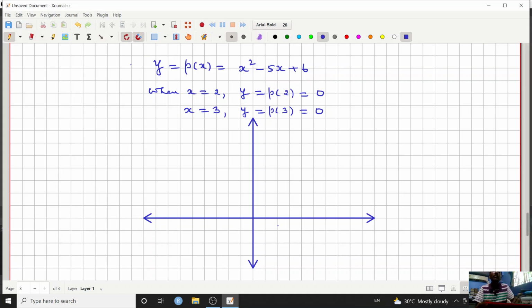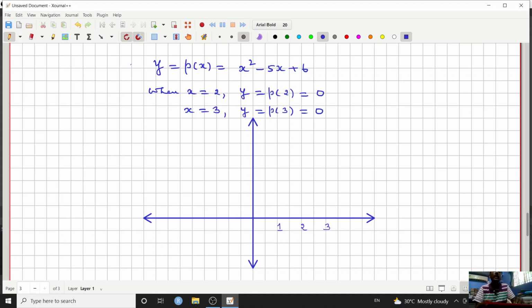And let us mark the points. This is 1, and this is 2, and this is 3. And it says when x is equal to 2, what will happen?